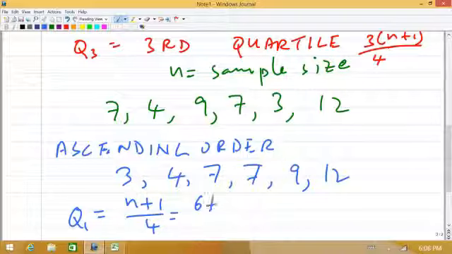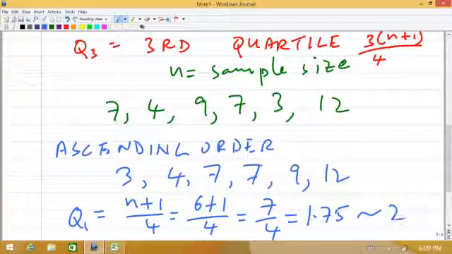So 6 plus 1 divided by 4 equals 7 divided by 4, which is 1.75. And 1.75 is approximately closer to 2. So in this case, Q1 is 4.